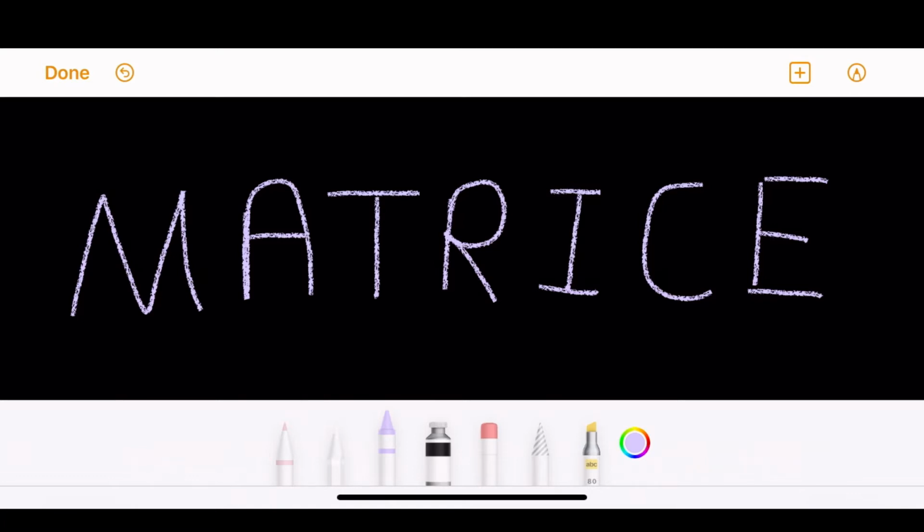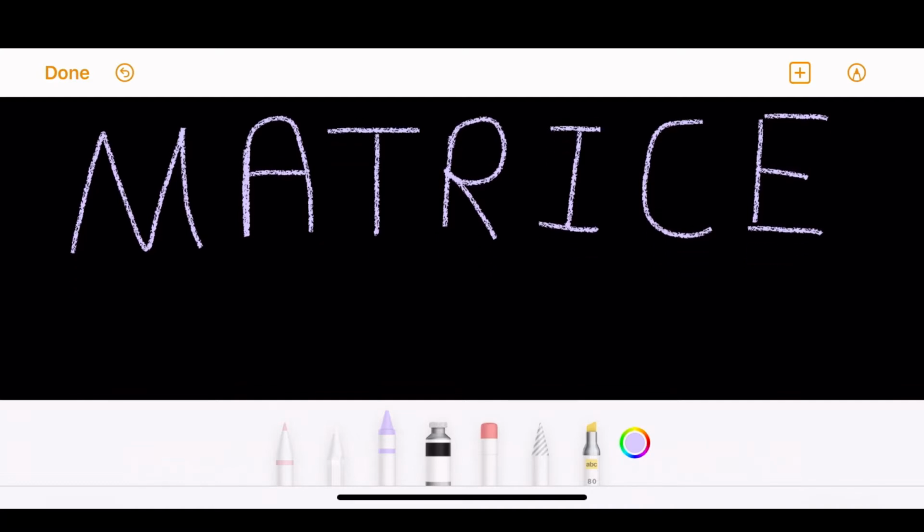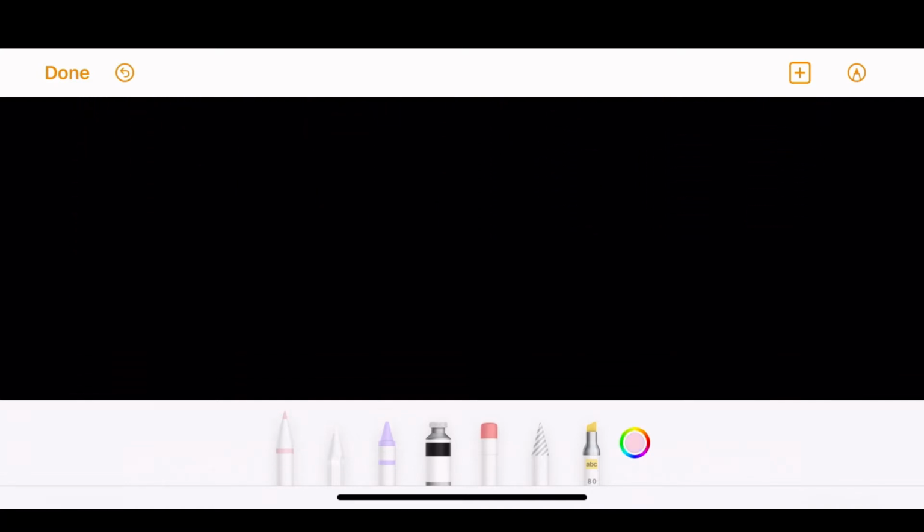A matrix represents another way of writing information. So let's have a look at this example of this matrix: 1, 0, 0, 1. This matrix here has two rows and two columns.